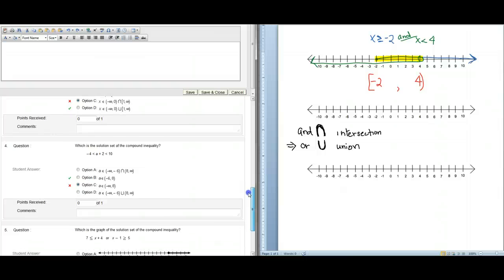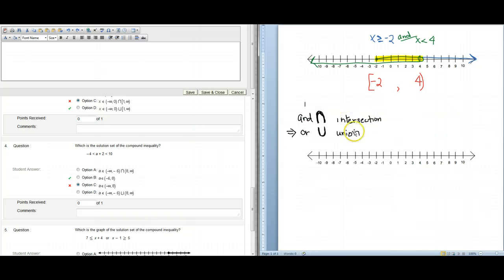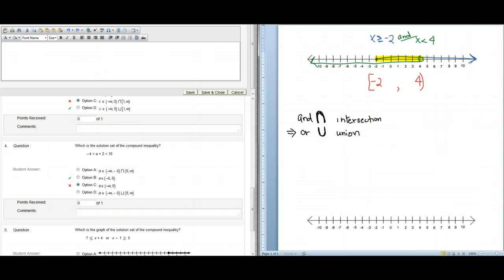Okay, now on 4, let me go over here and give myself some room. What we have to do first is solve that inequality. So let's write it over here. And this is going to be an and inequality.